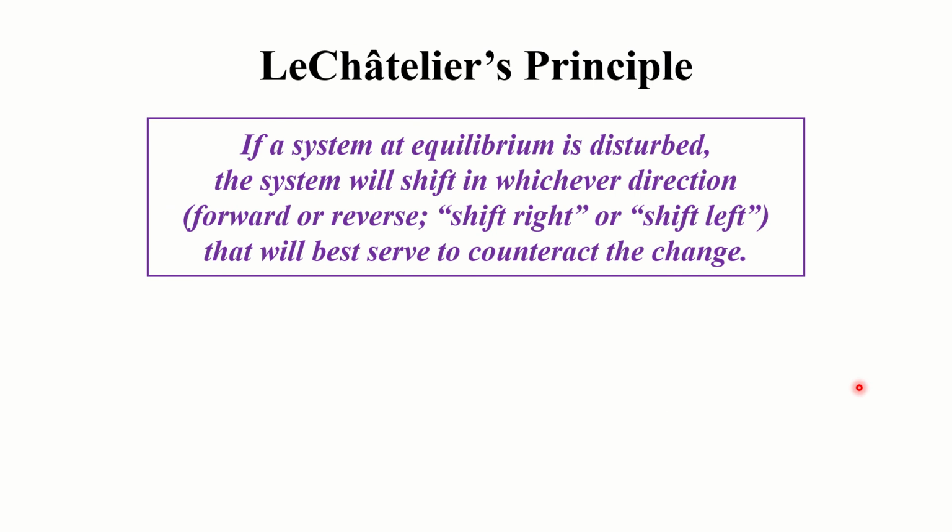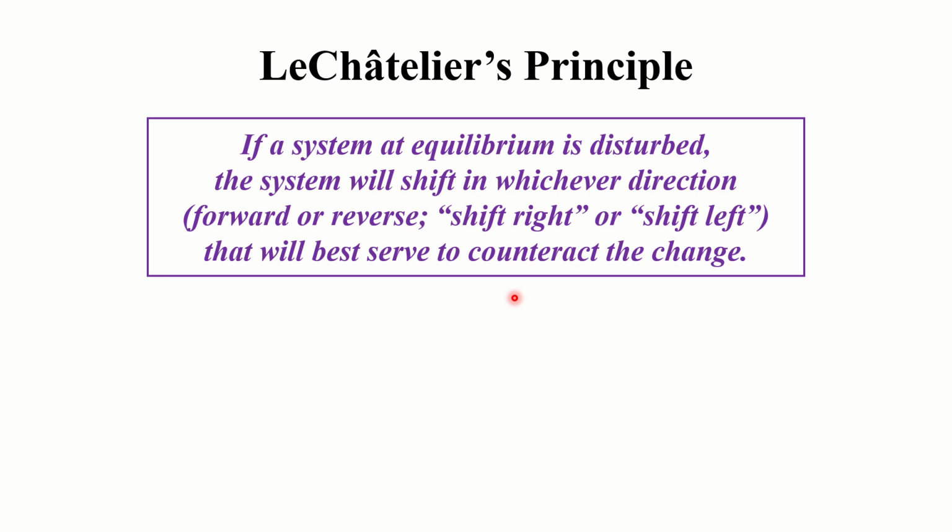All right, now shifting from the reaction quotient to Le Châtelier's principle. Le Châtelier's principle states if a system at equilibrium is disturbed, the system will shift in whichever direction, either forward or reverse, right or left, that will best serve to counteract the change. The reaction is going to shift to try and re-establish equilibrium.